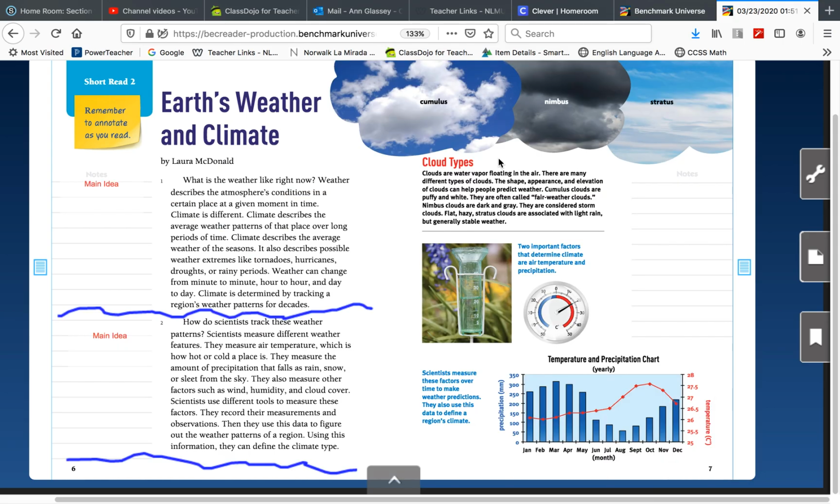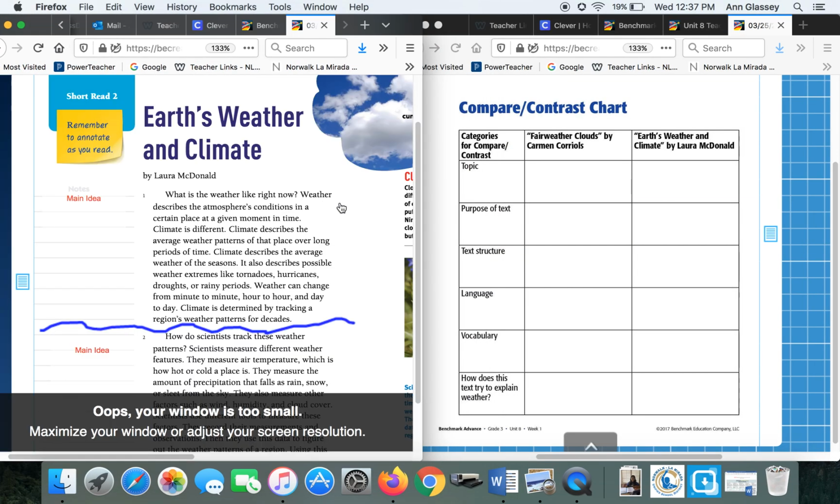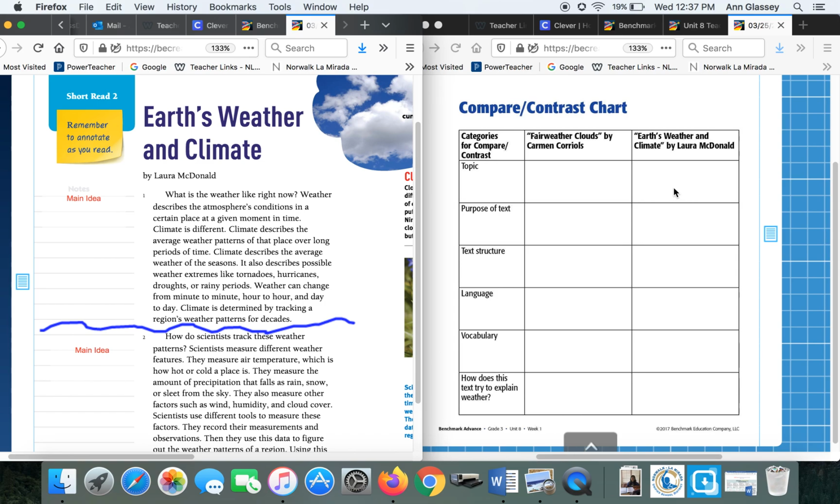So after you finish filling out your paper from home for fair weather clouds, then you can fill out the form for Earth's weather. What is the topic? Well, there's a hint in the title. Write down the topic. Is it exactly the same as the topic of fair weather clouds?